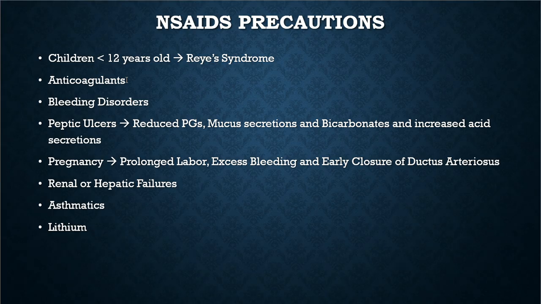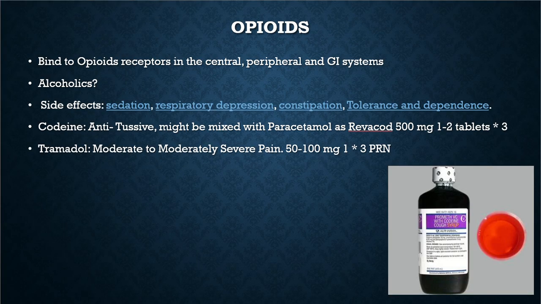In renal or hepatic failures, it's preferable to either reduce the dose as much as we can or not use them in general. Opioids, we don't prescribe them, so we don't need to know about them. Only that in the USA and the UK, there is codeine, which is an antitussive medication to reduce the cough.